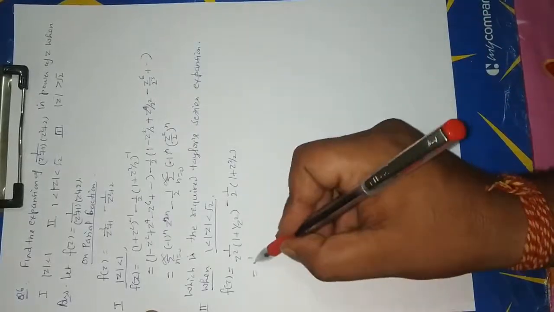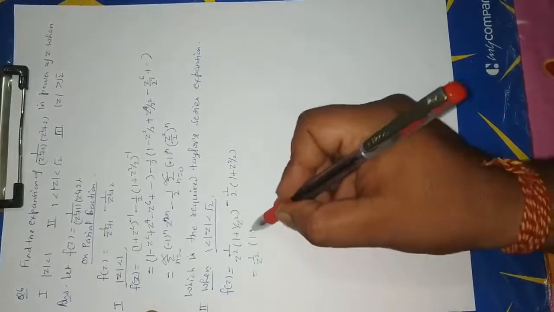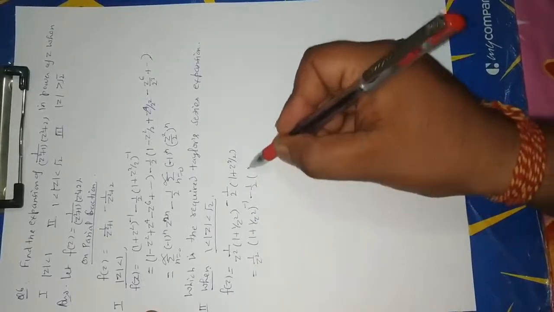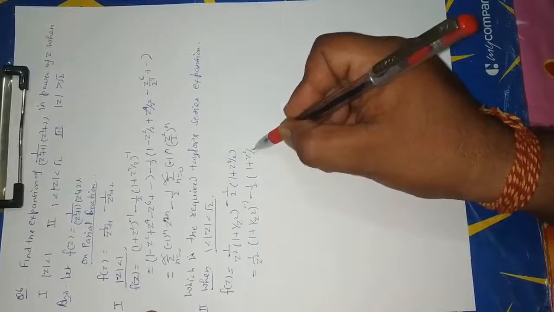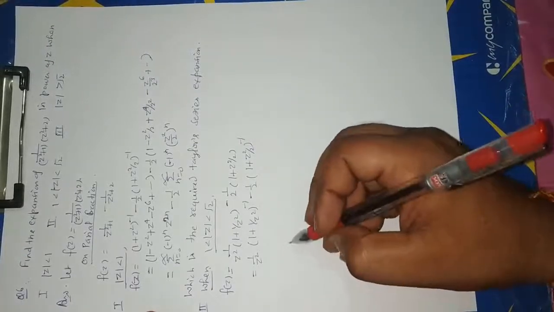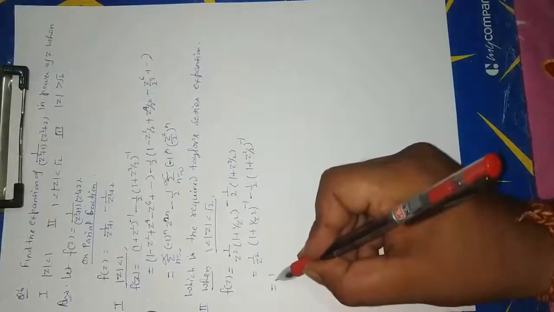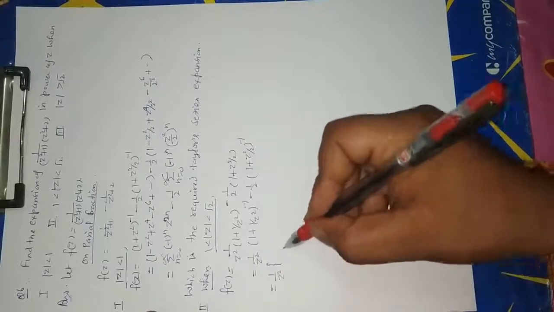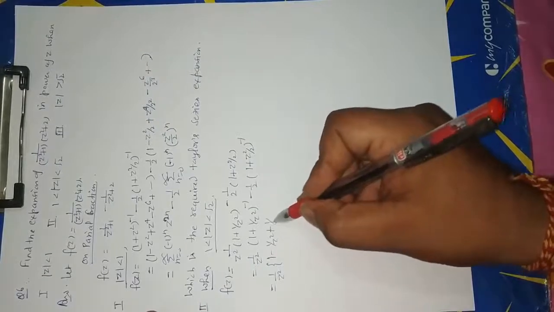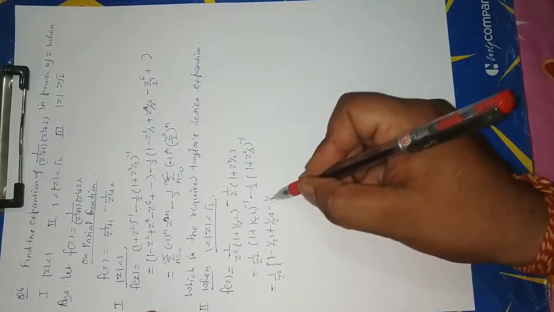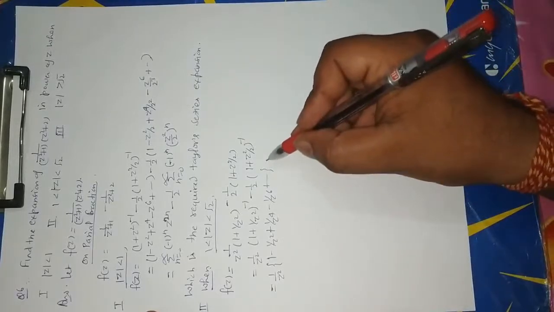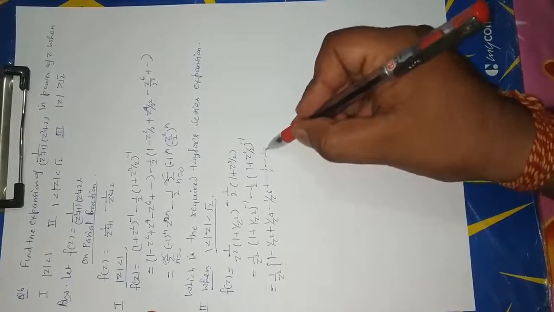This is equal to 1 upon z square, (1 plus 1 upon z square) whole power minus 1, minus 1 upon 2, (1 plus z square by 2) whole power minus 1. Binomial expansion: this is equal to 1 upon z square, 1 minus 1 upon z square plus 1 upon z to the power 4 minus 1 upon z to the power 6 plus up to infinite number of terms in the expansion, minus 1 upon 2.